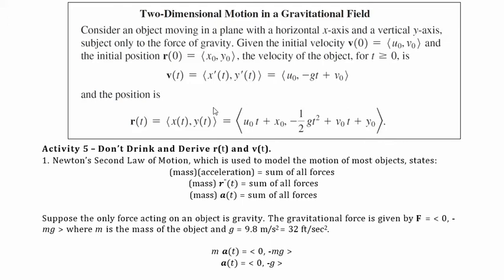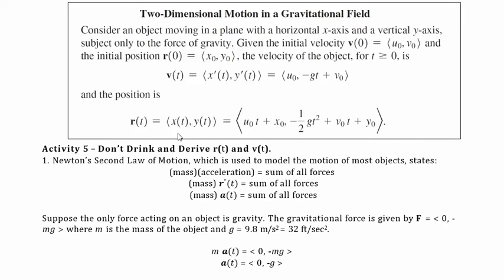So here it's stated that the position function is given by x of t, y of t. So the velocity is the derivative of those. And it says that's going to come out to be u sub 0, comma, negative g times t plus v sub 0. We're going to show where that comes from.